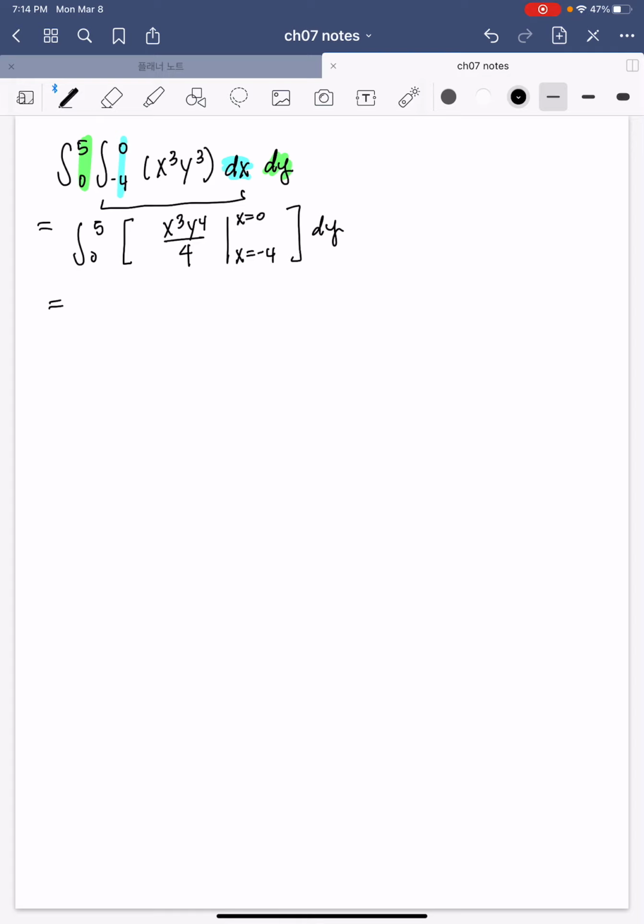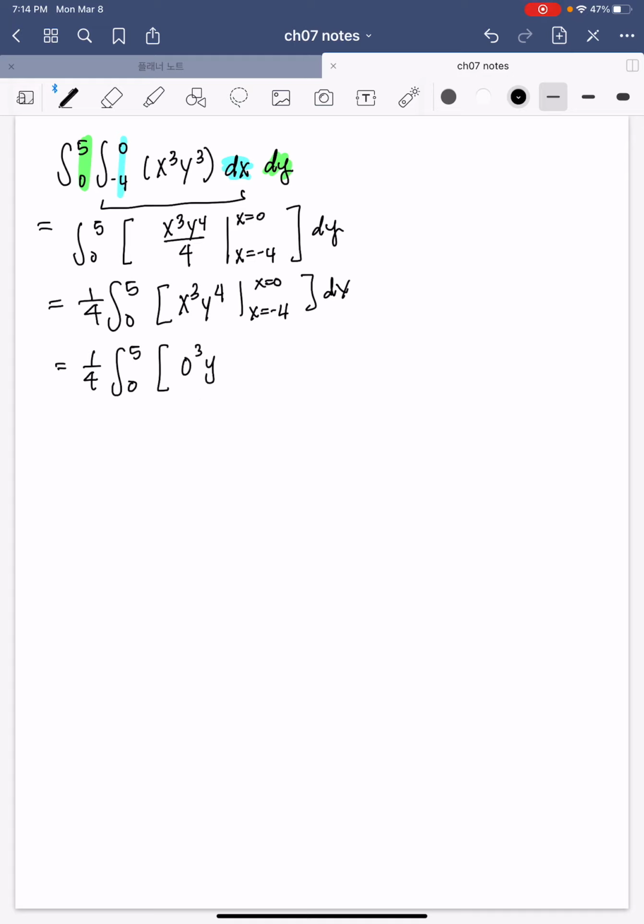Same trick, I'm going to pull out the 1/4 outside, so it's simpler. And then I have x cubed y to the 4th, x equals negative 4, x equals 0, dy. Plug it into the x term. I'm going to have 0 cubed y to the 4th minus negative 4 cubed y to the 4th power dy. This term is just 0, so I have 1/4, 0 to 5.